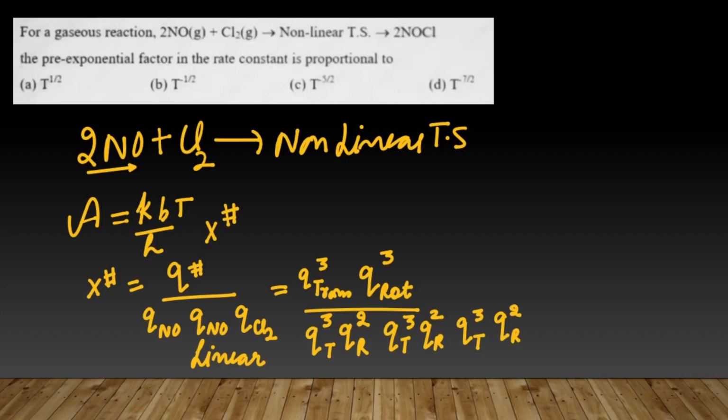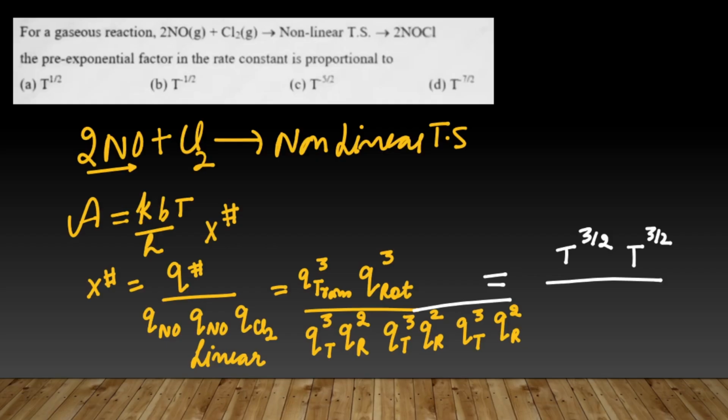Right. Now each of these translational partition functions is proportional to T by 2. So for the translational, it will be temperature raised to the power of 3 by 2. Rotational also, temperature raised to the power of 3 by 2. And in the denominator we have the same: all of these are temperature dependent.